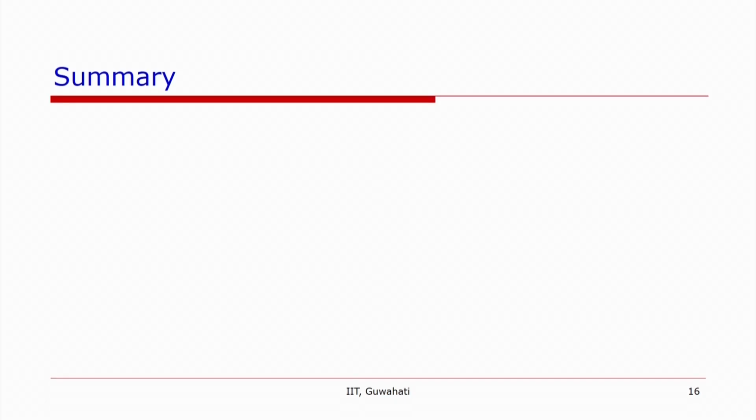So, in summary, in this lecture we have looked at the size effects which are important in microchannels. Initially we discussed three phenomena which might be important. One is the continuum hypothesis.